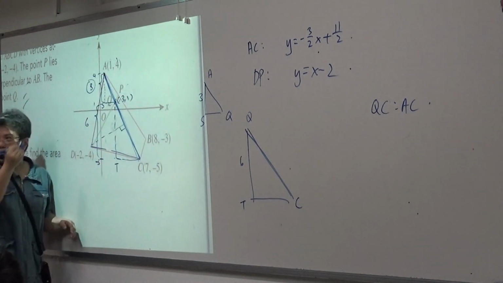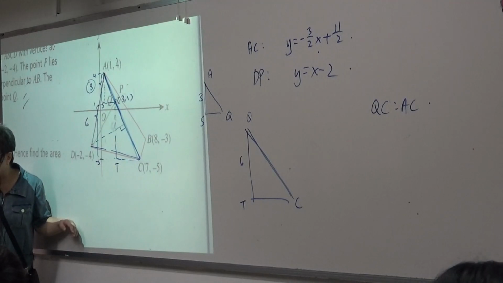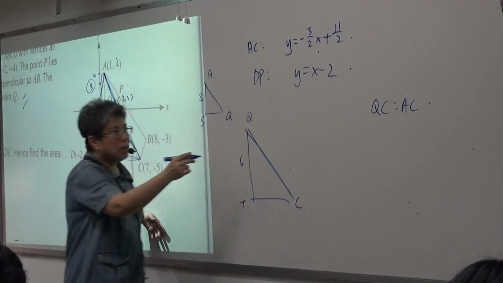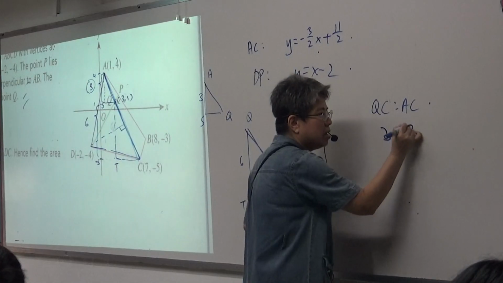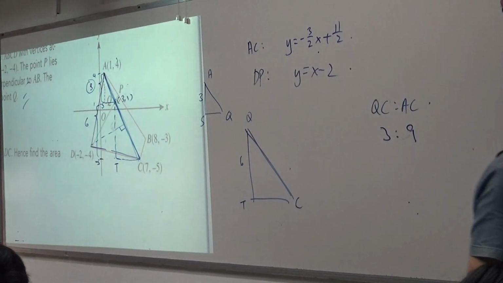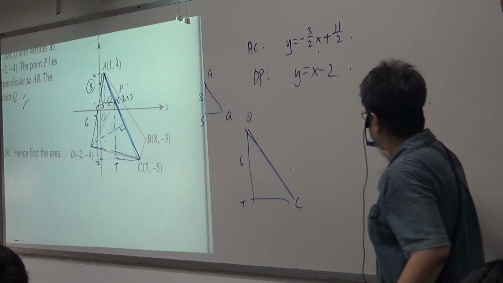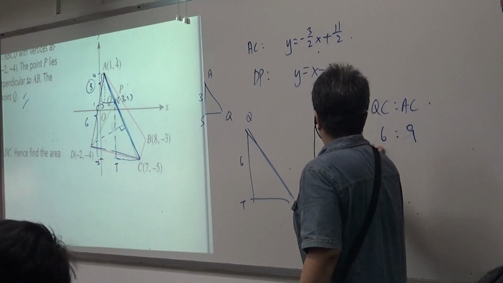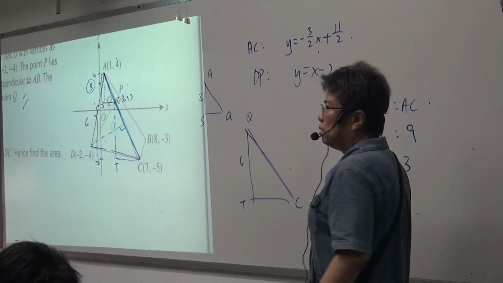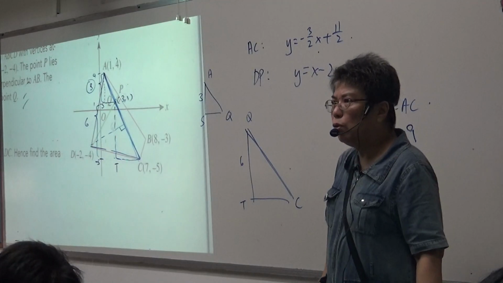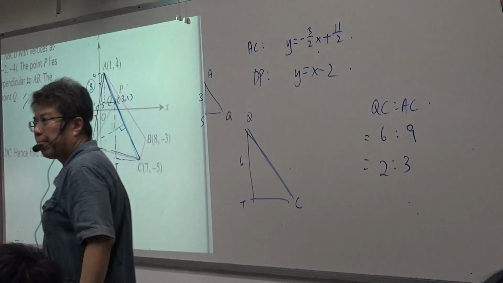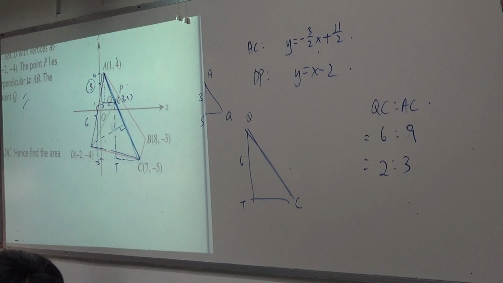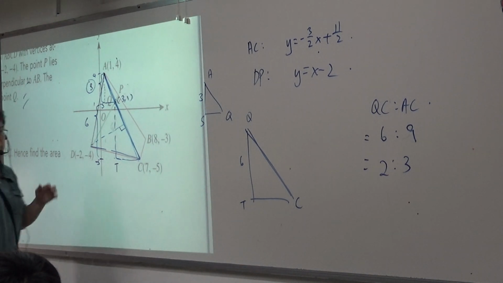So it's the 9, right? Agree, right? So this one will be, not 3, it's 6 is to 9, correct? Because this one is 6, the whole thing is 9. So how much is this? 2 is to 3. So no need to go until very, very long. Understand what I'm saying? But I will guide you when I come to this again. Everybody clear?